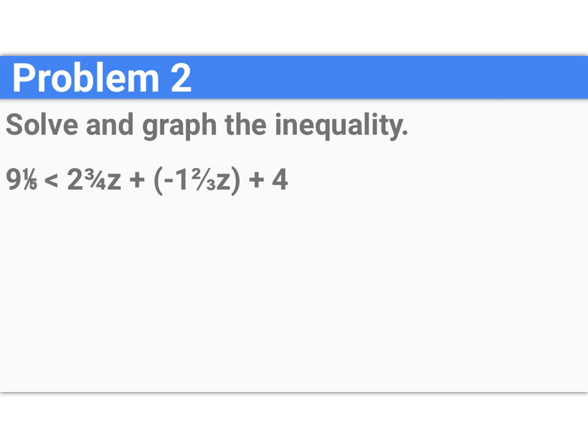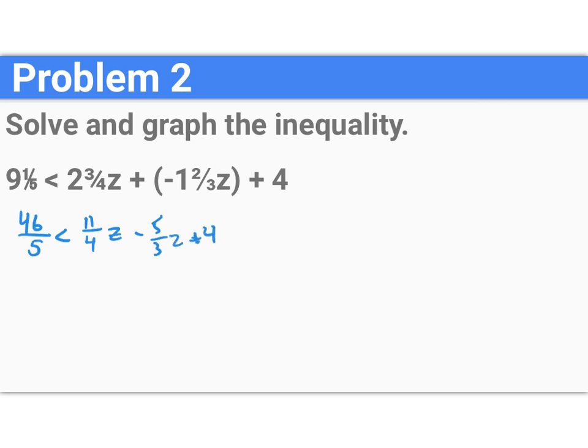Okay, look at all of these fractions. I know how much you love fractions, and I wanted to show you to not be afraid of fractions. So we got 46 over 5 is less than 11/4 z minus 5/3 z plus 4.